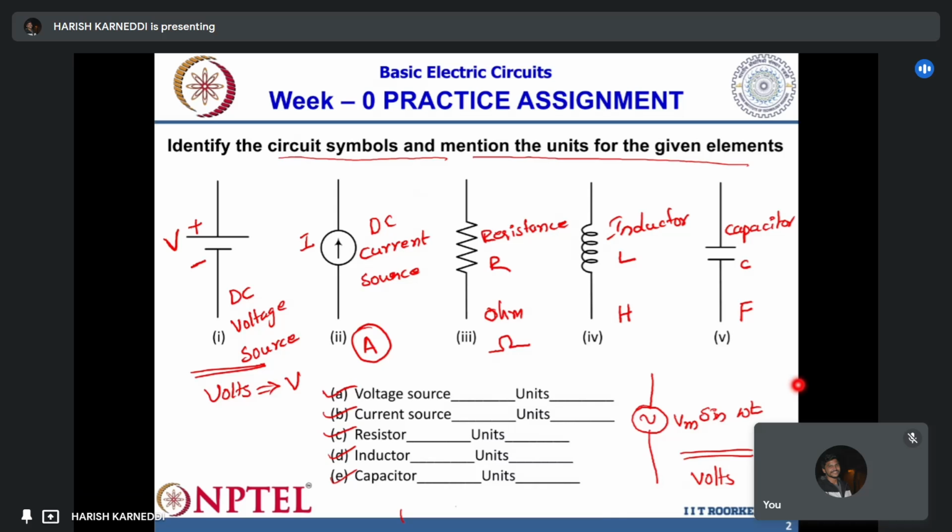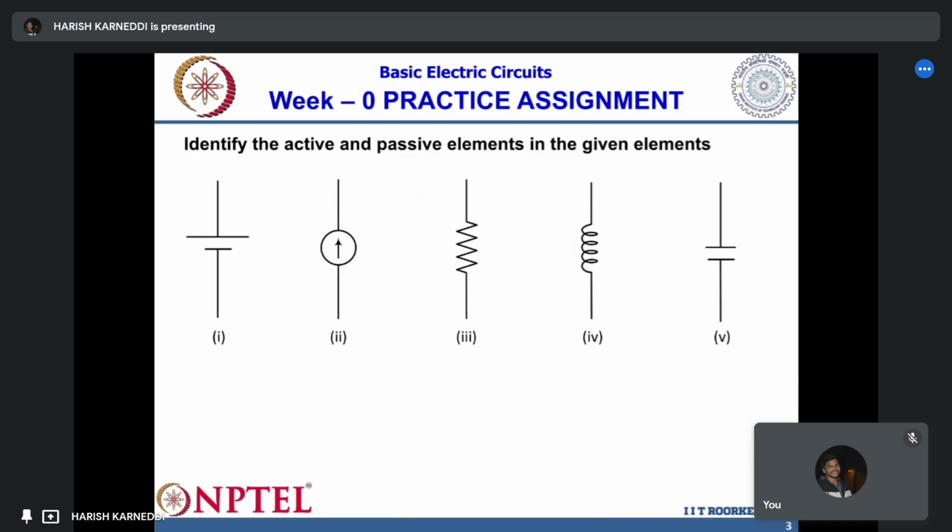Going to the next question. The next question is to identify the active and passive elements in the given elements. What is meant by an active element?